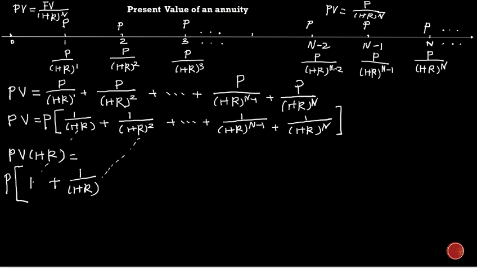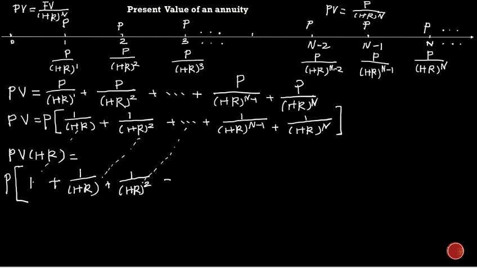And there is a term here: plus 1 over 1 plus R to the third power times 1 plus R, we shall get 1 over 1 plus R to the second power.